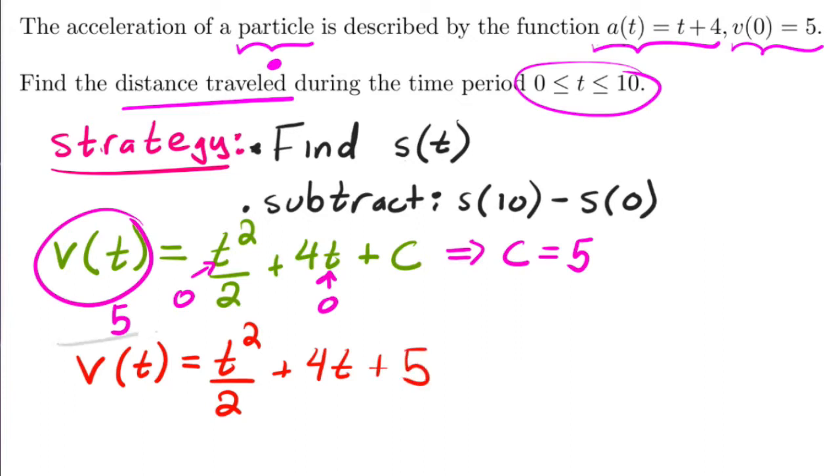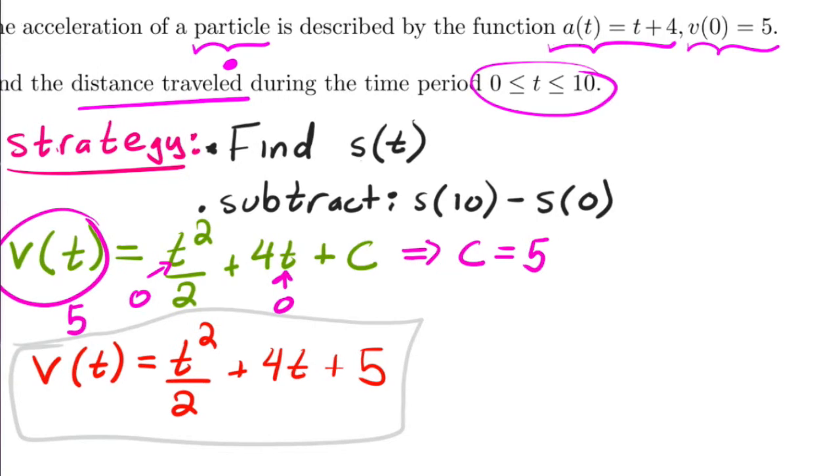Okay, so that's good. And now I can use this to find the acceleration. I'm sorry, I mean the position. The position function is simply the antiderivative of the velocity.